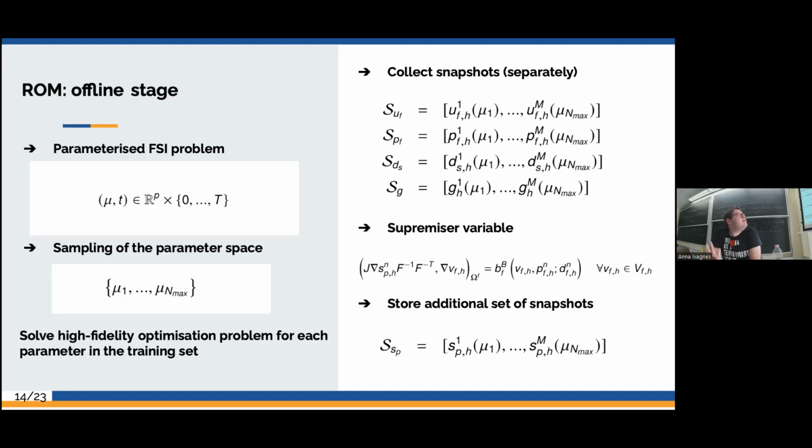As I mentioned, the fluid part has a saddle point structure.